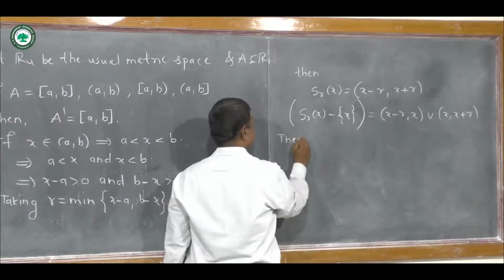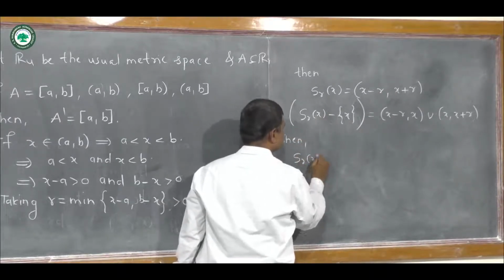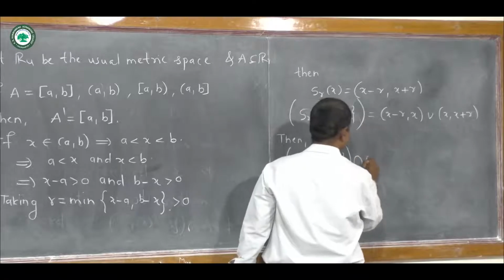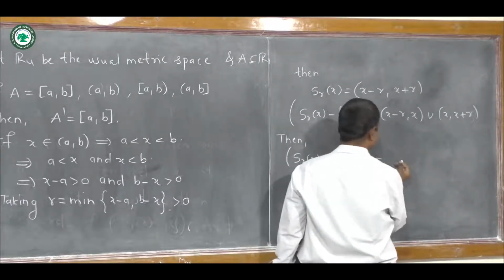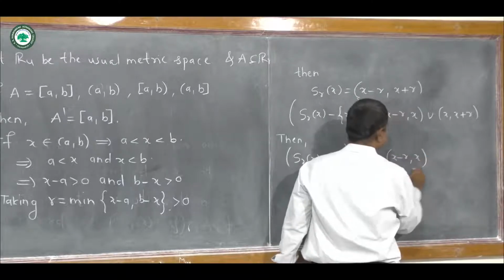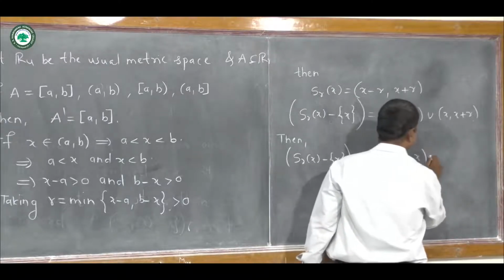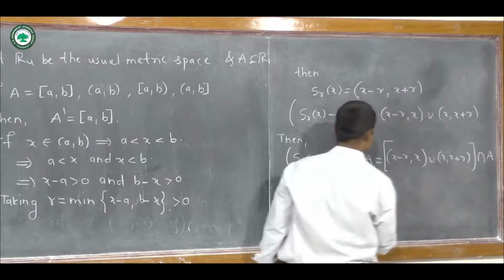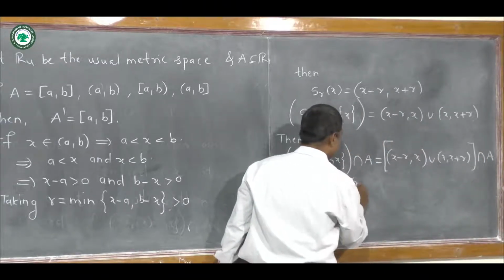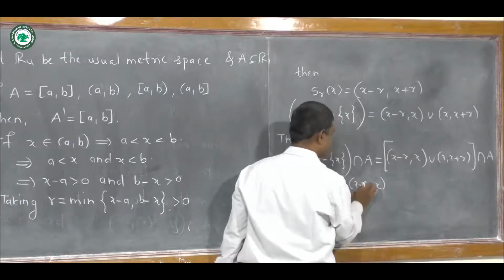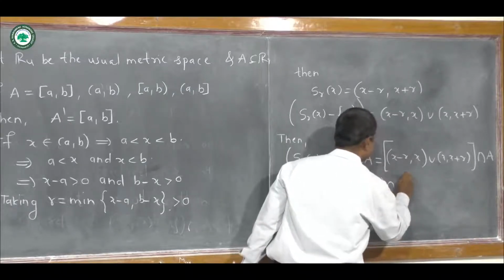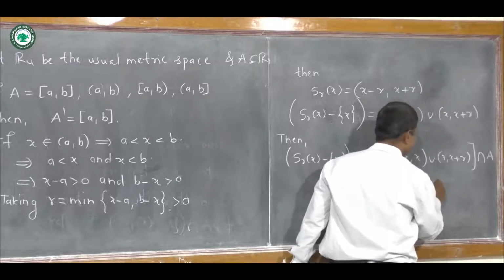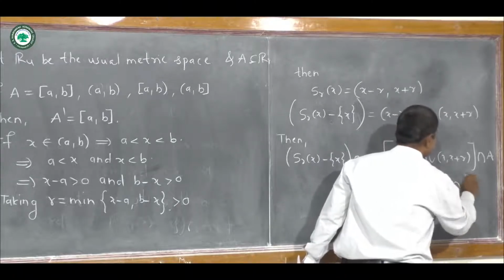Then the intersection of this set with A: this is nothing but the open interval (x minus r, x) intersection with A, union the open interval (x, x plus r) and its intersection with A.